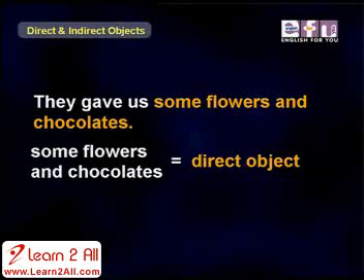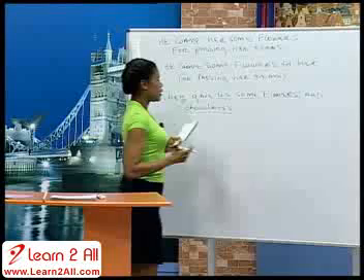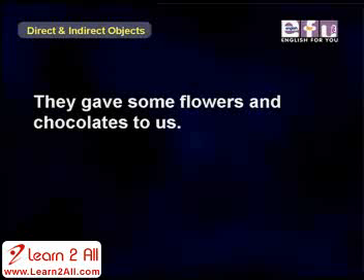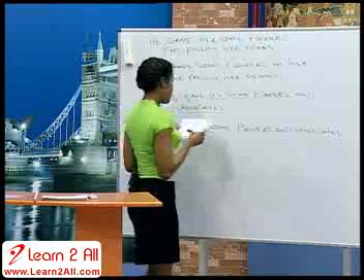Okay, so the direct objects are some flowers and chocolates. Indirect object is us. Okay, and how can you write the sentence a different way? They gave some flowers and chocolates to us. All right, very good.